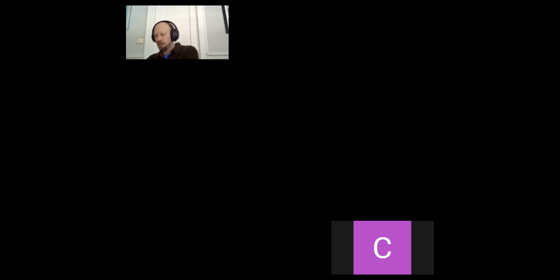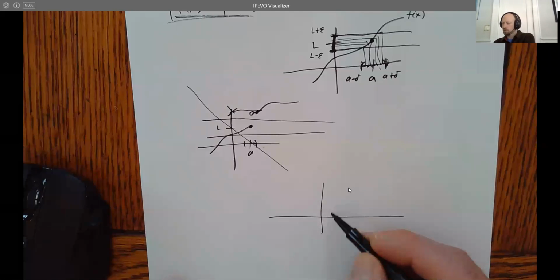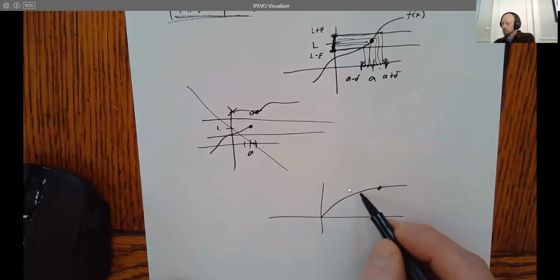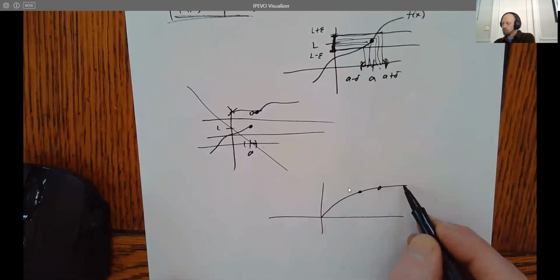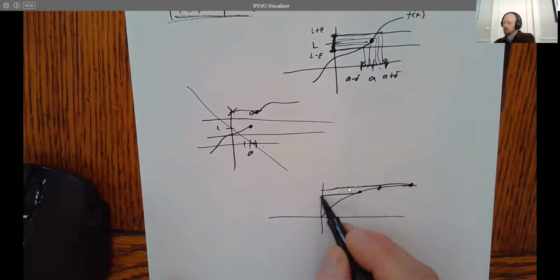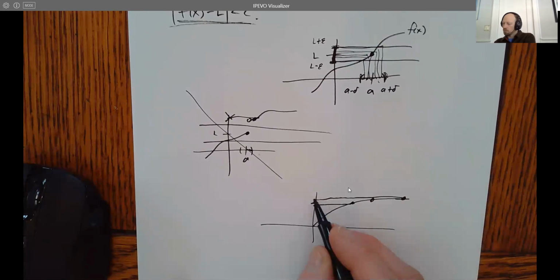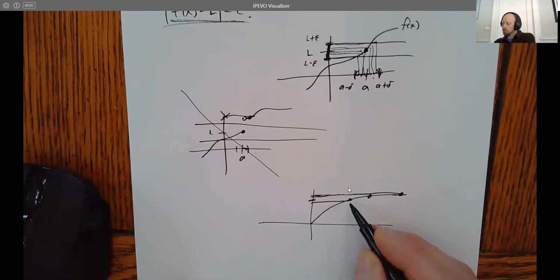One thing that will come up is that, depending on what your graph looks like, it's kind of a little ugly, but let's call this A. It's not always symmetric.